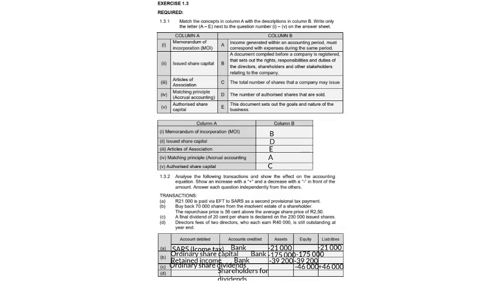And then number D, directors' fees of 2 directors who are owed 40,000 Rand each is still outstanding at year end. So we are going to debit directors' fees. And we are going to credit accrued expenses because the amount is still owing.